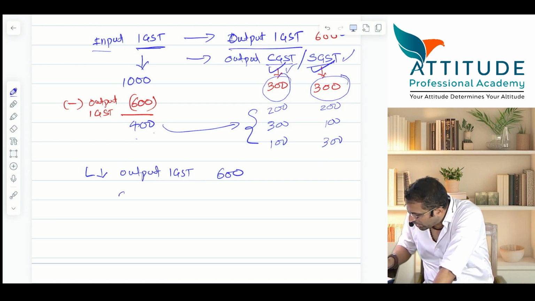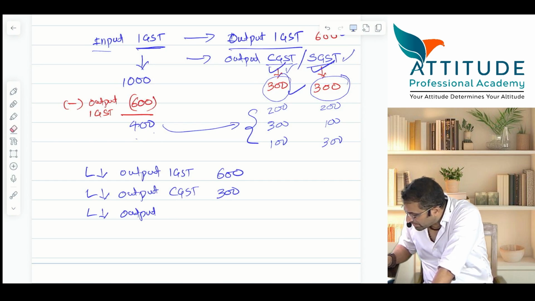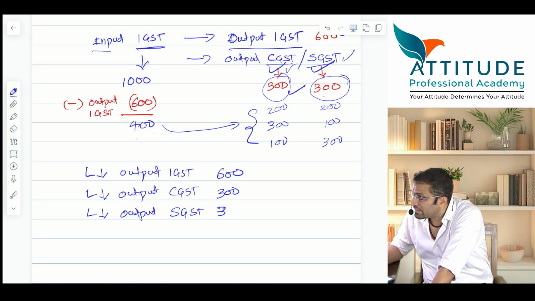Then tell me output, okay, we'll take CGST 300. How much liability reduces? Again liability reduces. Output, tell me, SGST how much? No, I know only 100 is left, but you have to pay that 300 rupees.